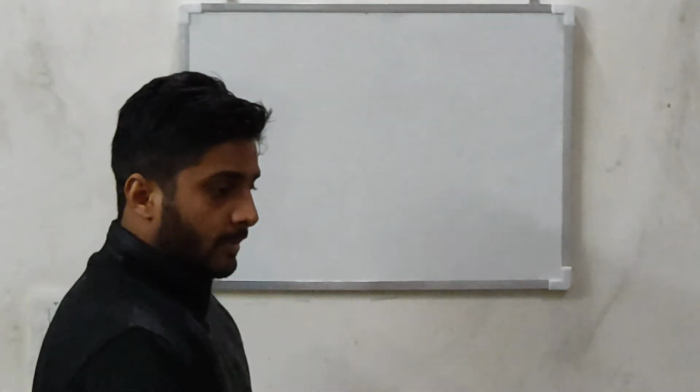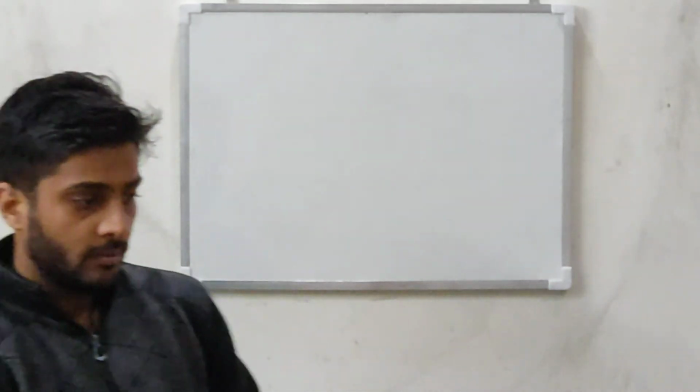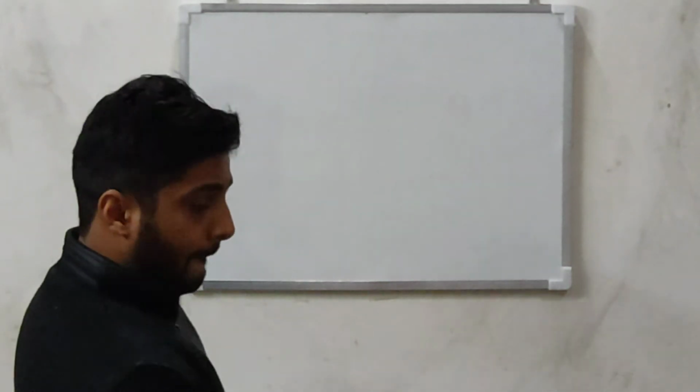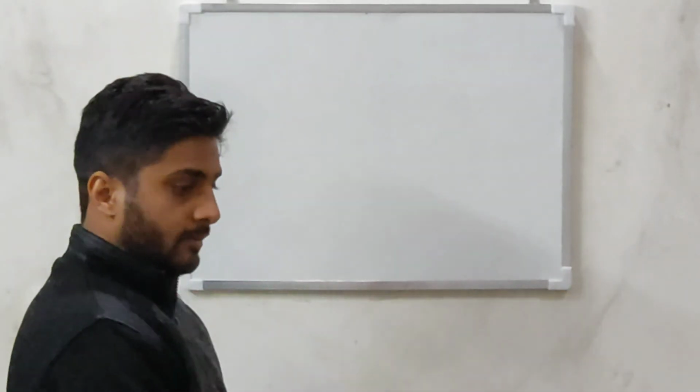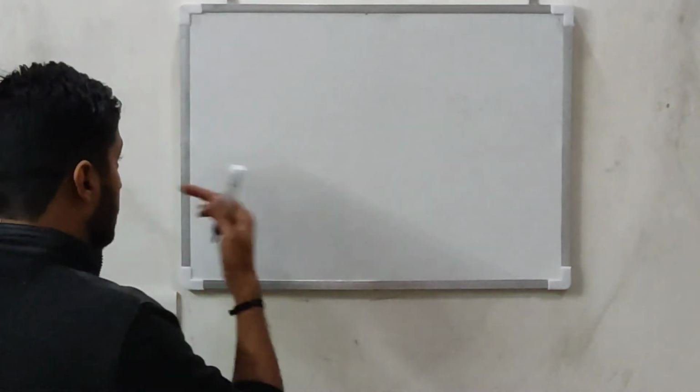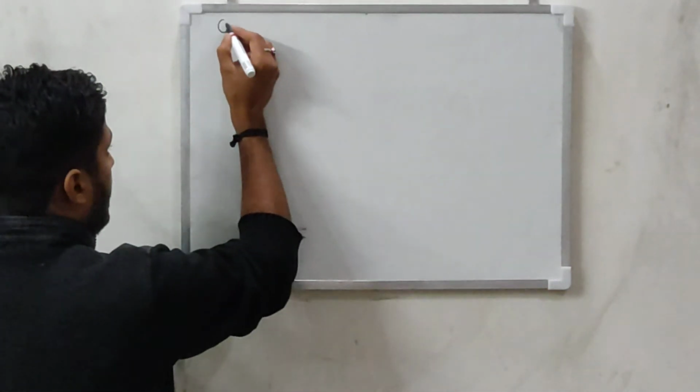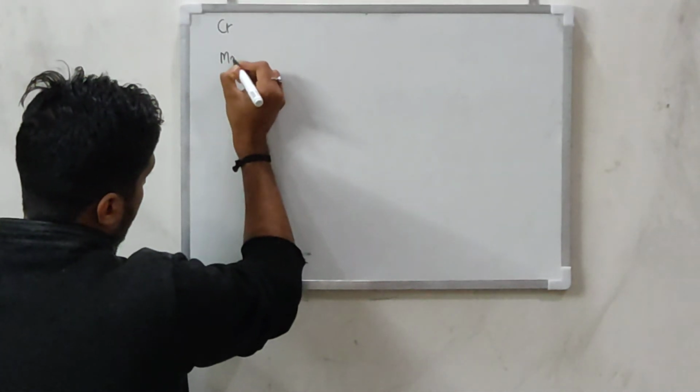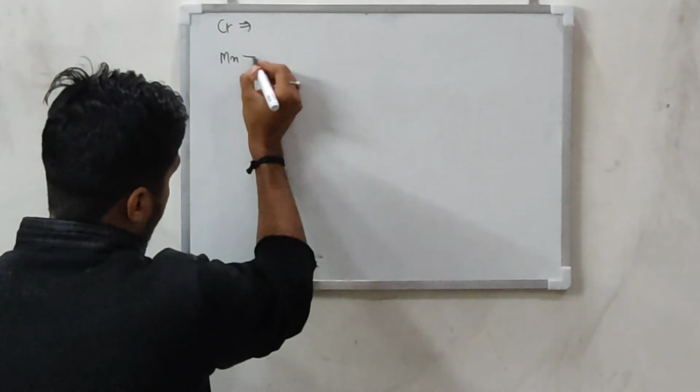So we have to know the Z effective of chromium and manganese for 3d electrons. For that, we have to write down the electronic configuration of chromium and manganese.